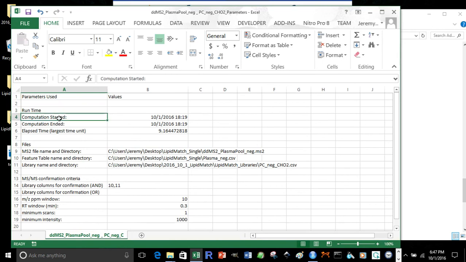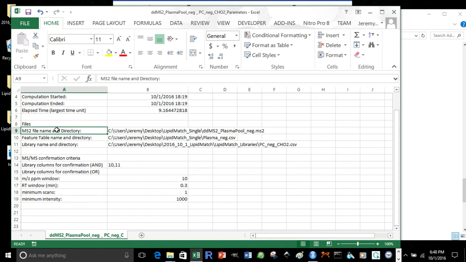It shows you when the computation started and ended for PC. You can see that it took about 9 seconds, or yeah, I think this is less than 9 seconds, so probably 9 milliseconds to run this library.